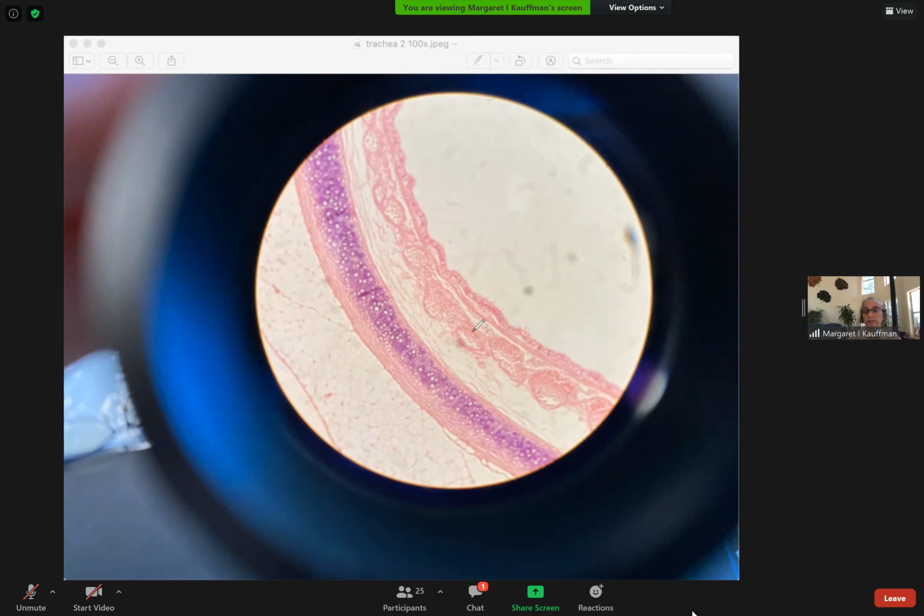These are no different. And so how do I know this is a blood vessel? Well, the lining here is simple squamous. You can almost see it's pretty flat, not cuboidal. And there's actually blood in this, and that's what's filling the interior. So unfortunately, the higher power picture, which shows the tracheal glands, I think I posted over the weekend, so you should be able to find those in there.